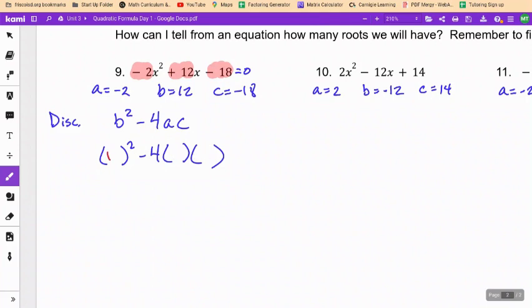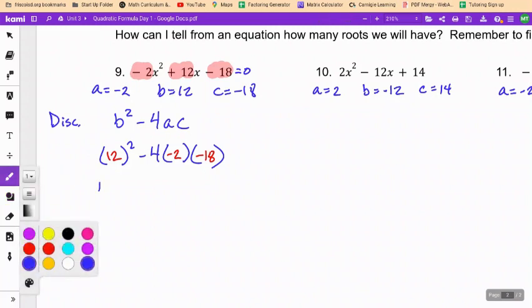So b was 12, a was negative 2, c was negative 18. And then I just simply calculate this. 12 squared gives me 144. And then negative 4 times negative 2 times negative 18, I went ahead and did on my calculator, and I got negative 144.